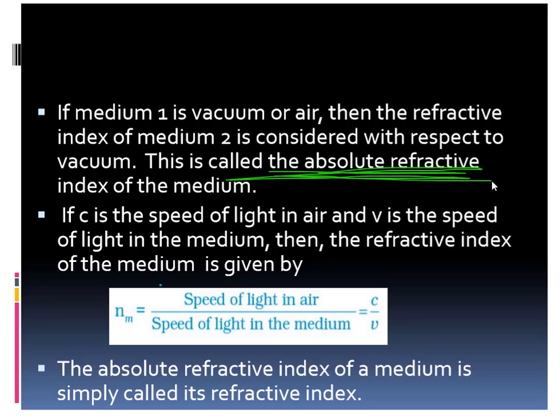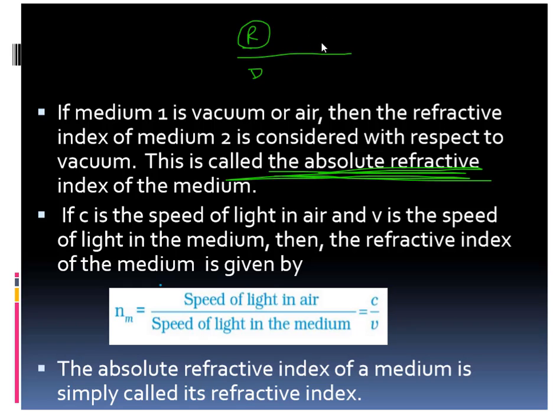As we are talking about two media, one is the rarer medium and the other is the denser medium. If this rarer medium is either air or vacuum, then the refractive index is known as absolute refractive index. The denser medium can be different. Suppose this is water, this is a glass slab.